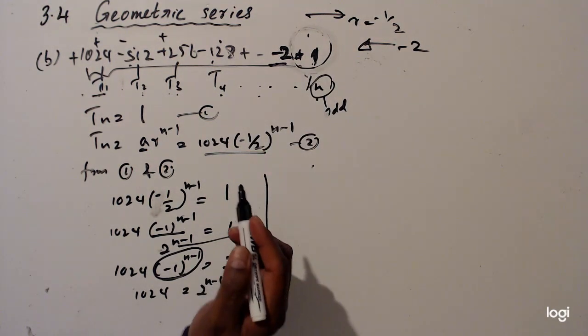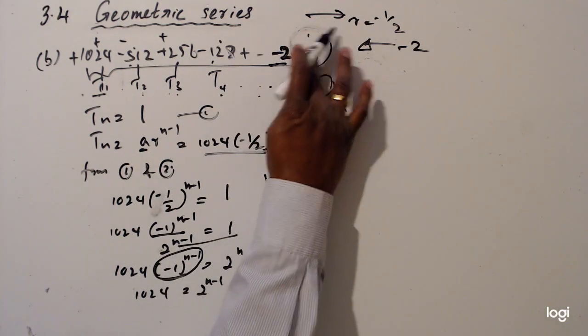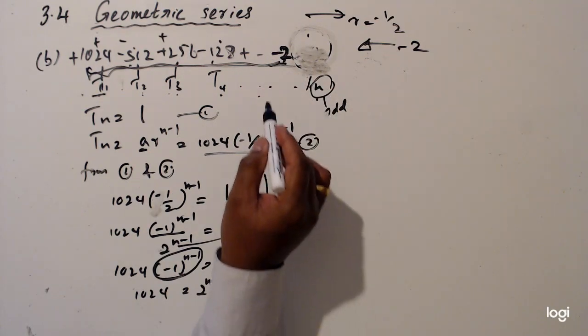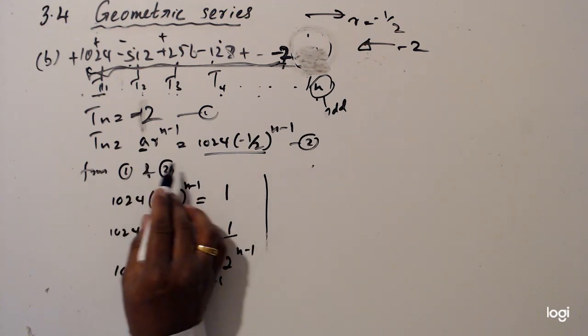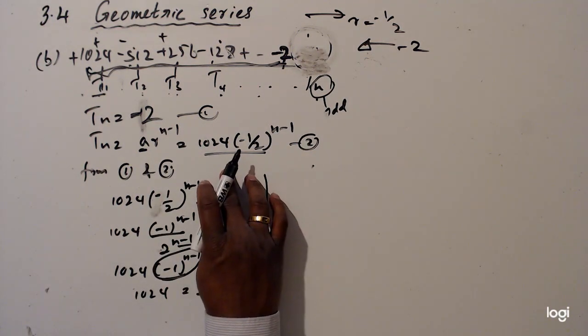Now what will happen if we need to find the terms up to the nth term, which is minus 2? This is still the same, and now this will be minus 2.